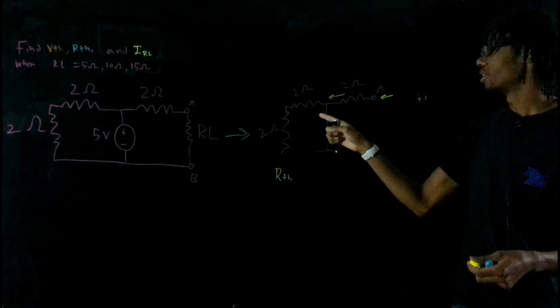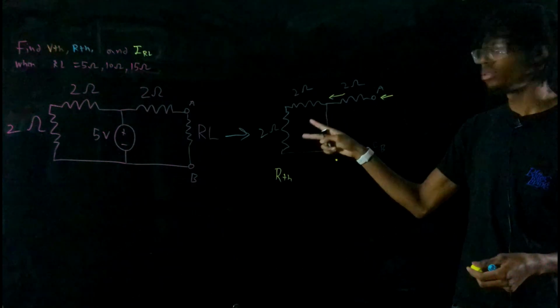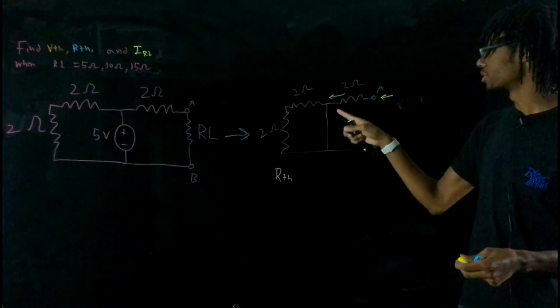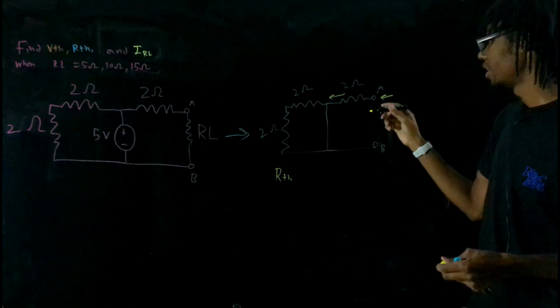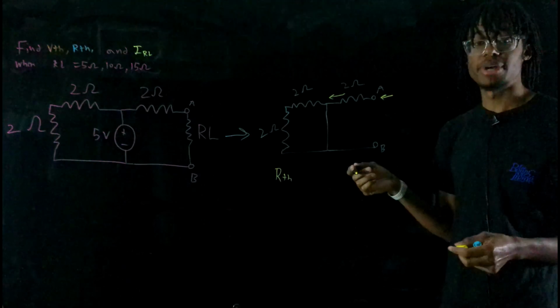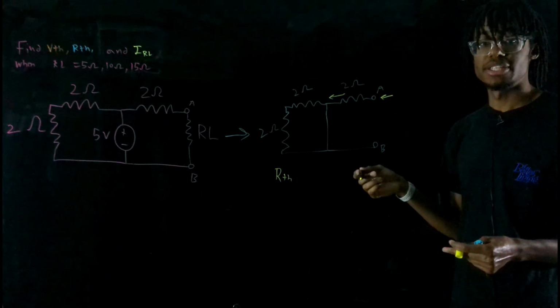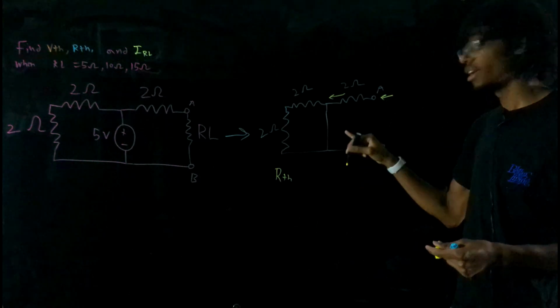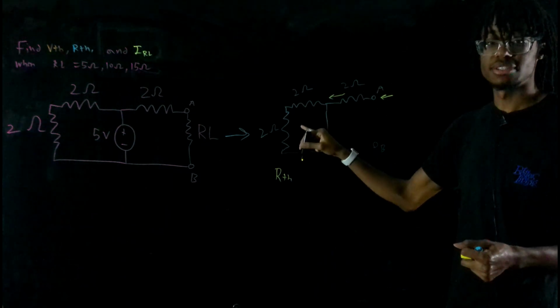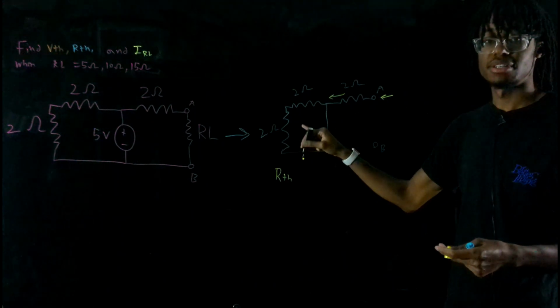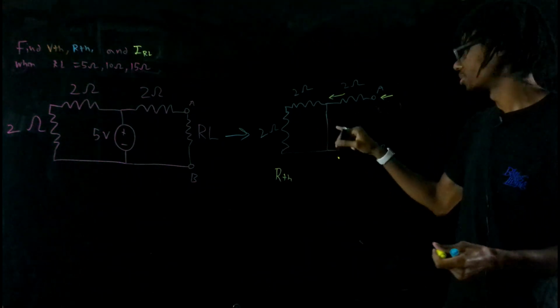Is it going to go through the 2 ohm resistors, or is it going to go through the short circuit from where the 5 volts was removed? In the case of current, it tries to choose the path with least resistance, especially when there's a short circuit. It will ignore the other resistors for the rest of the circuit that would be more resistance than the short circuit.